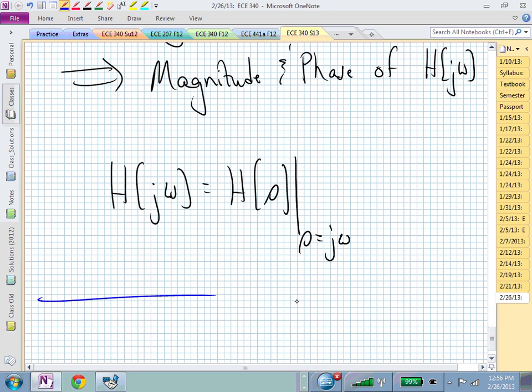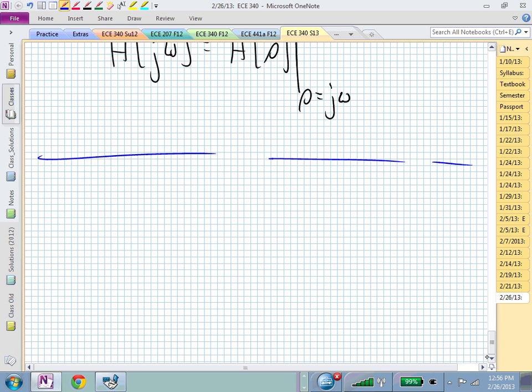What you will probably begin with is some generic or general transfer function.